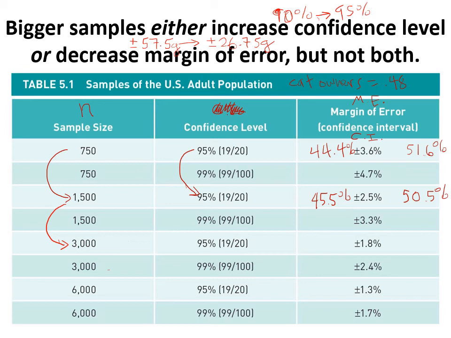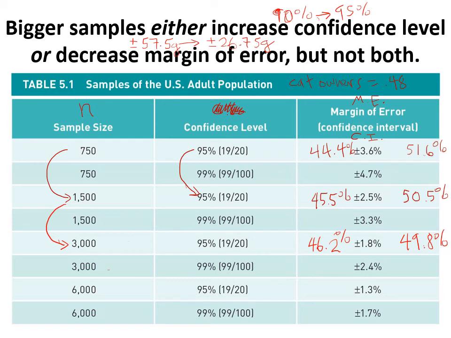And so here then we take 0.48 and subtract 0.018 from it. So that's going to give us 46.2% as the lower bound, and over here it's going to give us 49.8%.